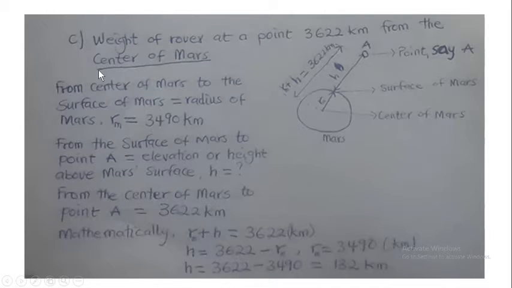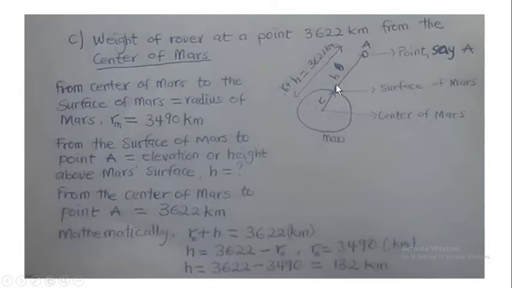Now the third part of the question is asking us to calculate the weight of the rover at a point 3,622 kilometers from the center of Mars. The spacecraft reached the atmospheric entry interface point at this particular value.